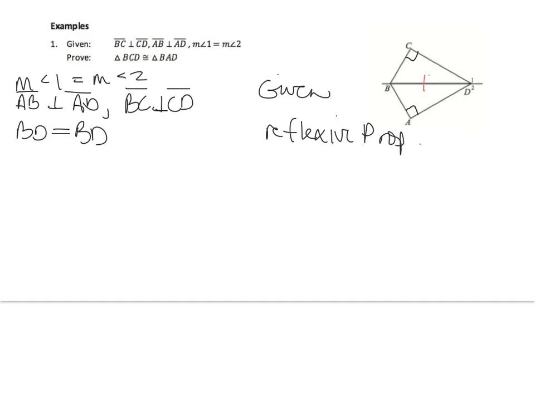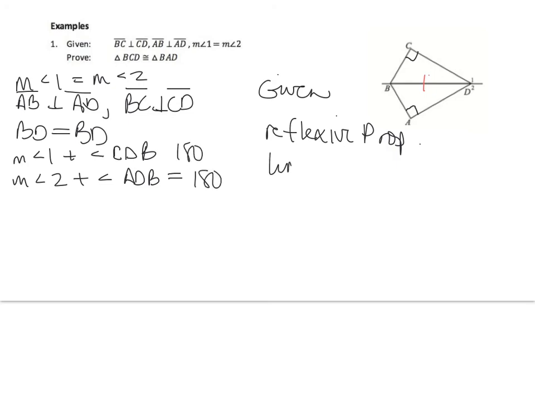Okay, so I have the hypotenuse. Let's see if I can get a leg that is congruent also. Okay, so what else do we know? Well, I do know that if I add angle 1 and angle CDB, and then if I add angle 2 and angle ADB, they are both equal to 180 degrees because linear pairs are supplementary.